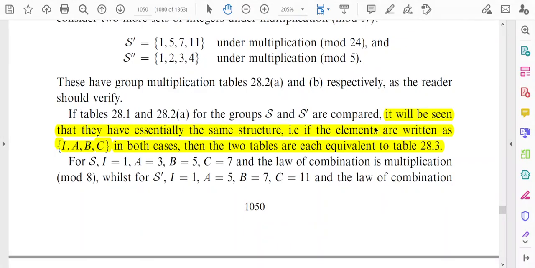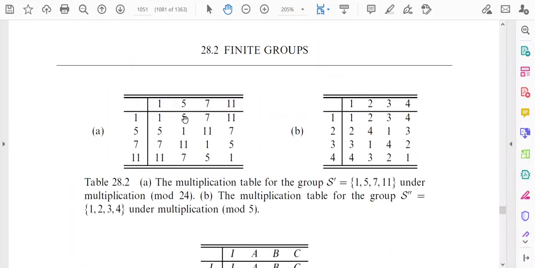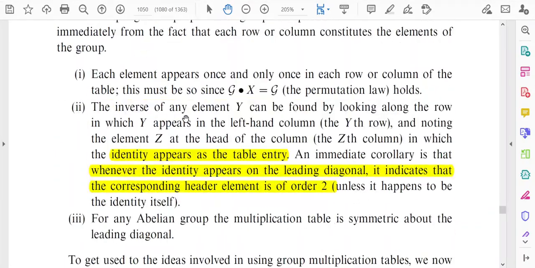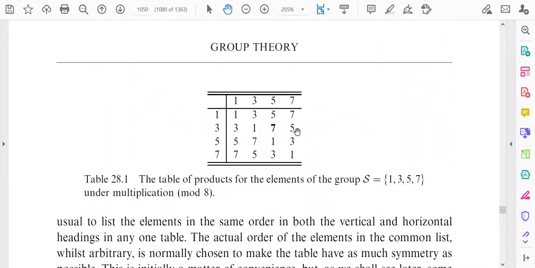But one thing, if you compare the table of 28.1 and 28.2a, let me show you again. This is the group multiplication table 28.1, which was for the group S is equal to 1, 3, 5, 7 under multiplication mod 8.